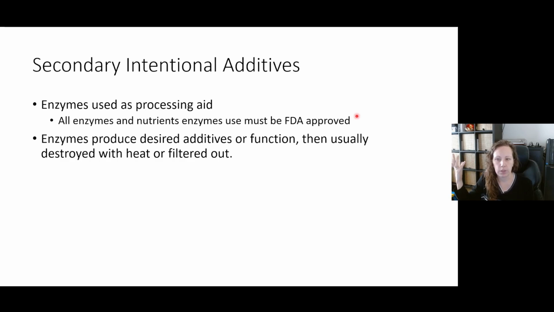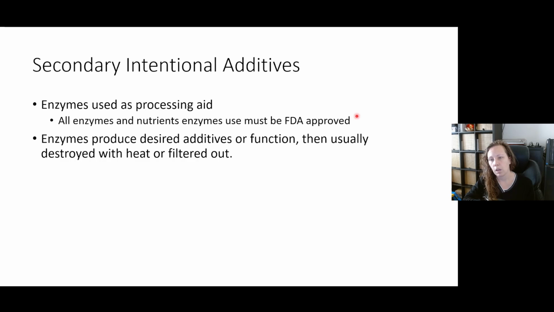So let me back up. Some examples of the processing aid functions, right? Enzymes can improve flavor, they can improve texture, they can improve the digestibility and the nutritional value of foods. They can stabilize the flavor and color of foods. We've talked before about how some enzymes can be used to clarify fruit juices.